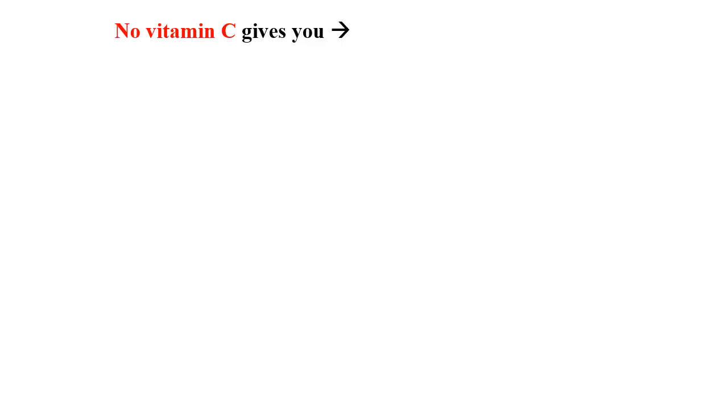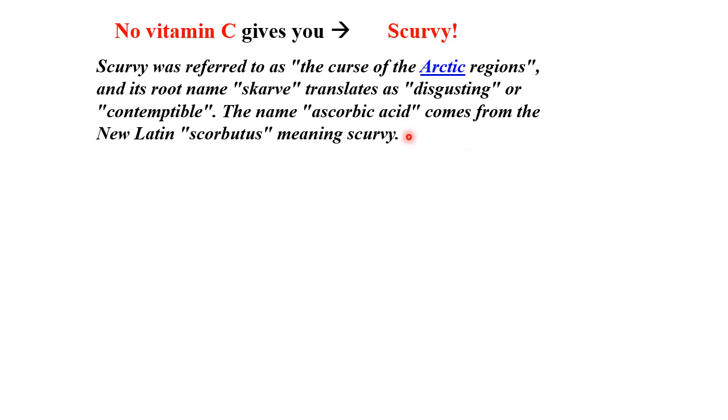No. Okay. Now, if you don't get vitamin C, then you're going to have another problem. You're going to get scurvy. Okay? So that was very typical of Arctic regions. They don't have a lot of stuff with vitamin C, like in the North Pole, Arctic regions or South Pole, where they're gonna plant their oranges.